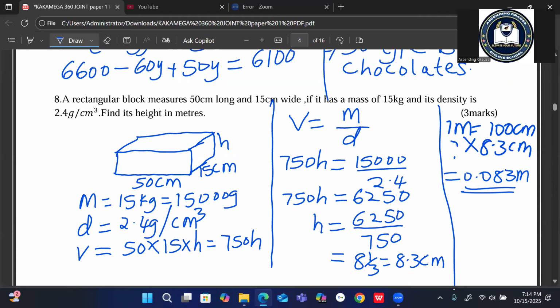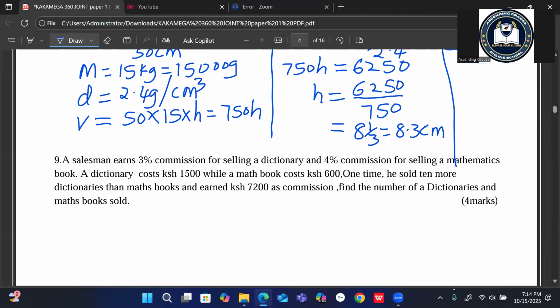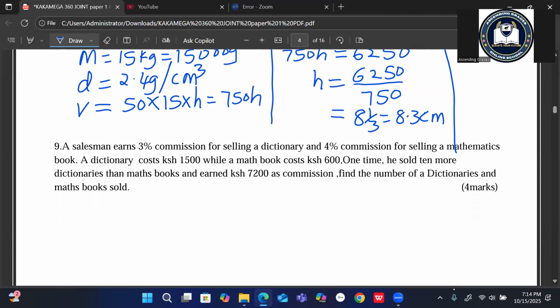From there, we go to the next question, and that is number 9. We are told that a salesman earns 3% commission for selling a dictionary and 4% commission for selling a mathematics book. A dictionary costs 1,500, while a math book costs 600.